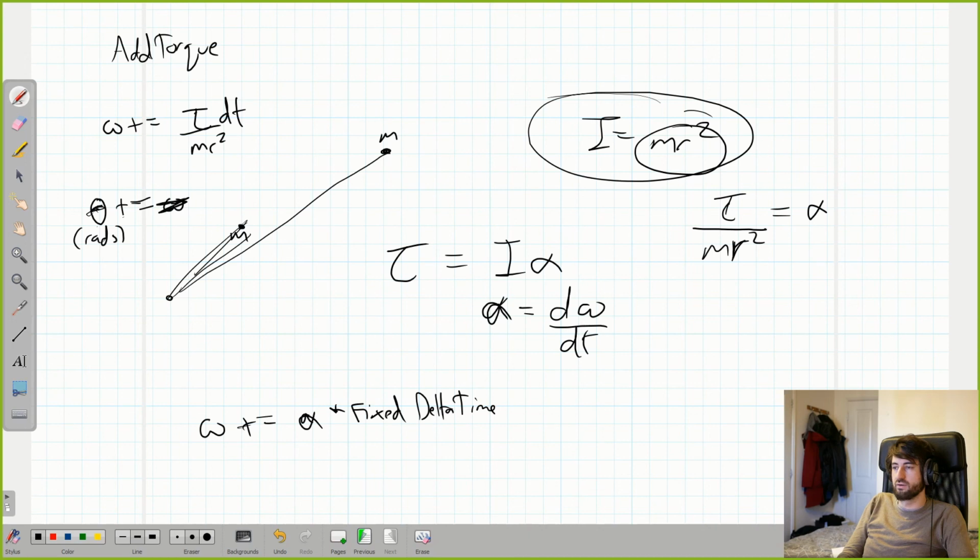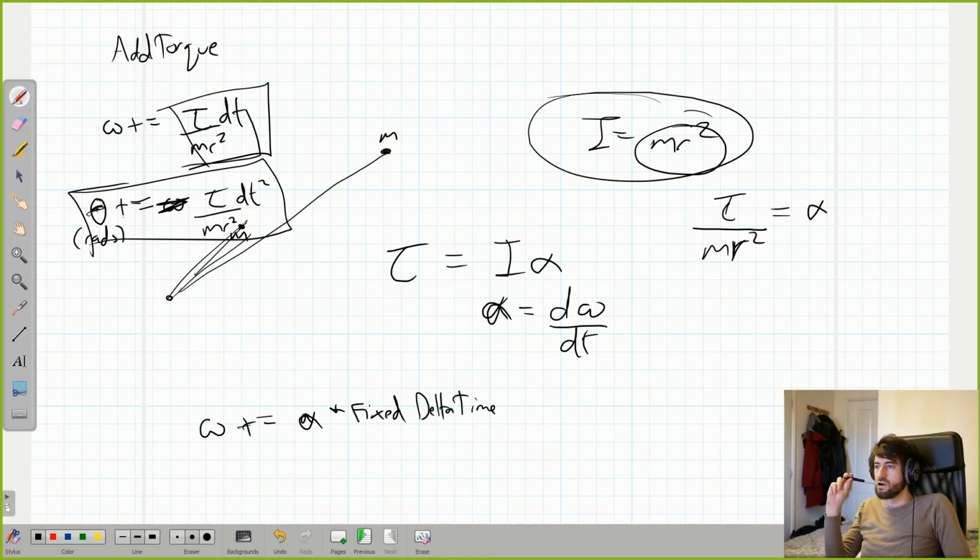So it's torque over mr squared times dt squared. And obviously it'll use the one from last frame. It's not going to use this one this frame. Two frames later it will do this. So yeah, that's how rotation works.